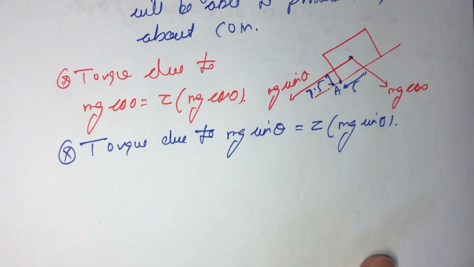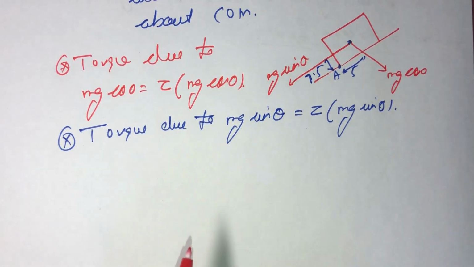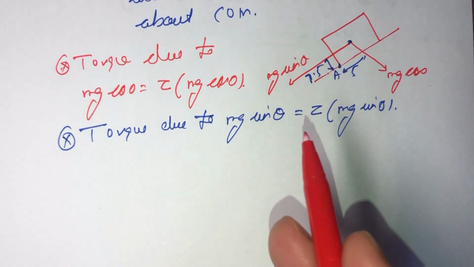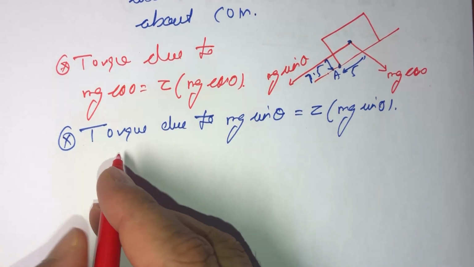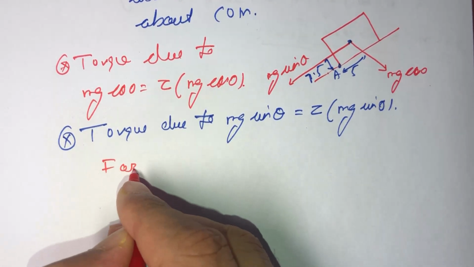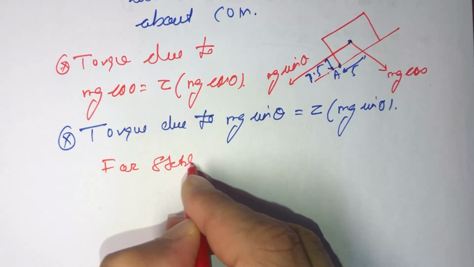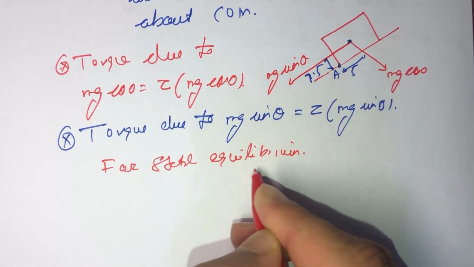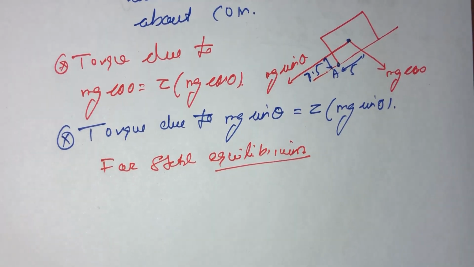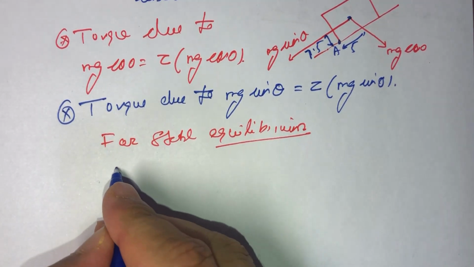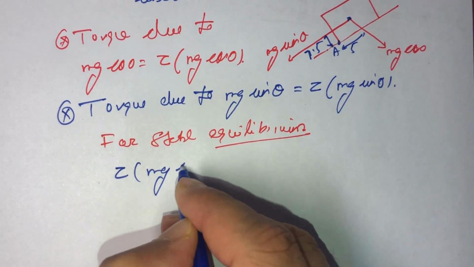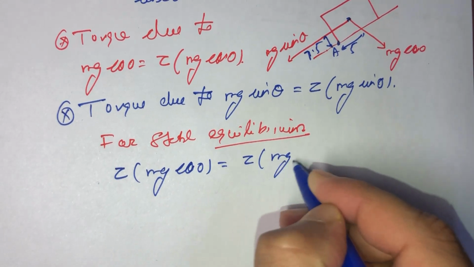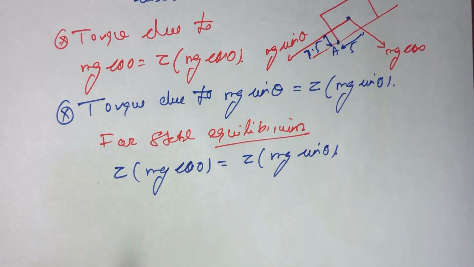So for a stable equilibrium, these two torques should be equal, because one will be clockwise and other will be producing torque counterclockwise. So for stable equilibrium, torque because of mg cos theta will be equal to torque because of mg sin theta.